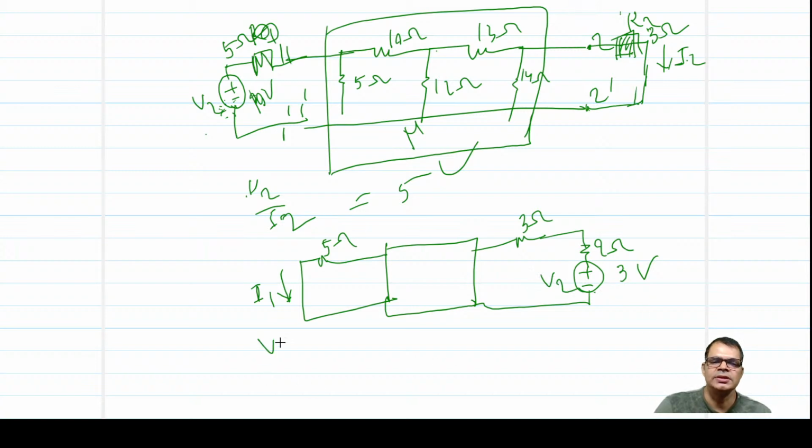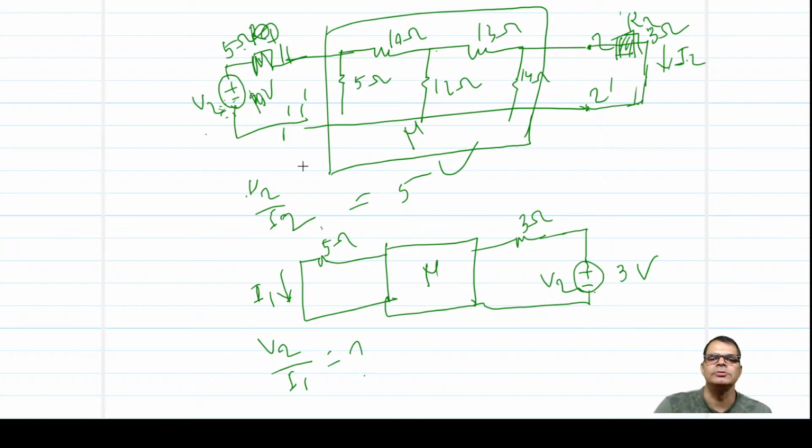They will ask what is the ratio of V2 upon I1. That 3 ohm was there, right? Because of the reciprocity theorem, it should be the same. Here 3 ohm, here 5 ohm, and the same network.